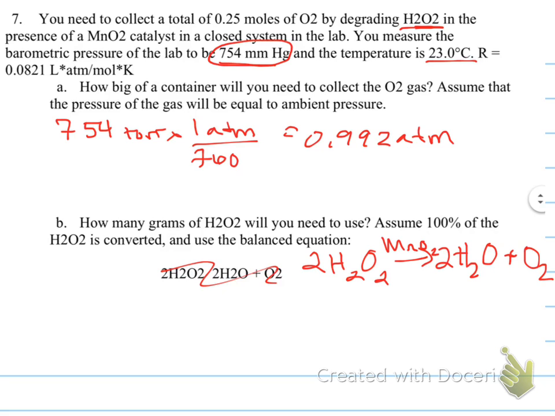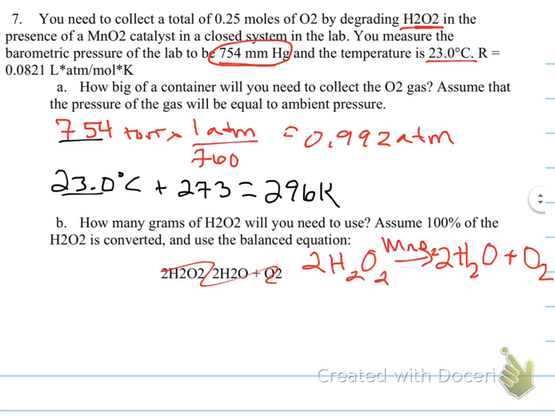And then we got temperature to convert, so let's do that. It's going to be 23.0. So I'm thinking that I'm going to need 3 significant figures. So far I have 3 on both of my data, so I'm guessing that's probably what it's going for. So that's going to be 296 Kelvin. Okay, so now I got the right units.